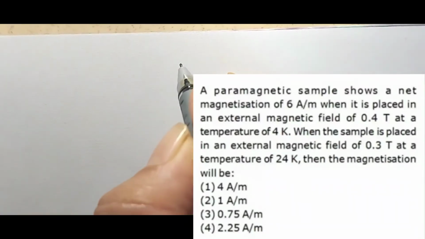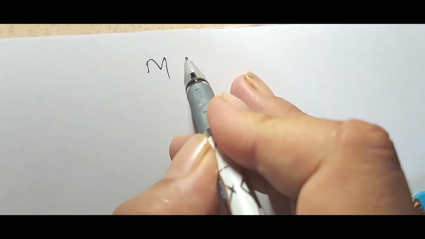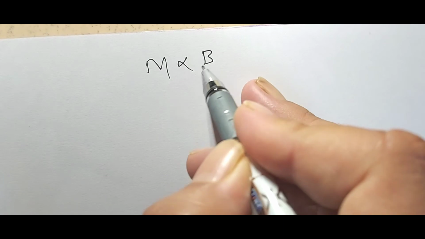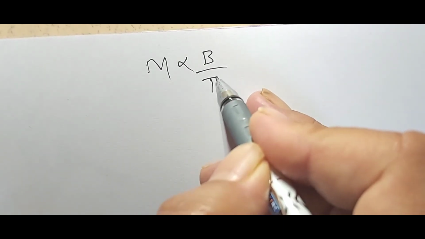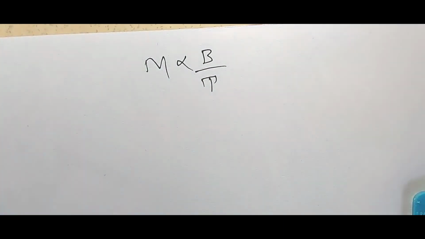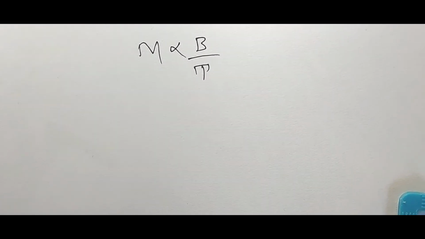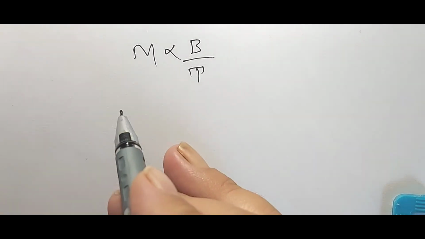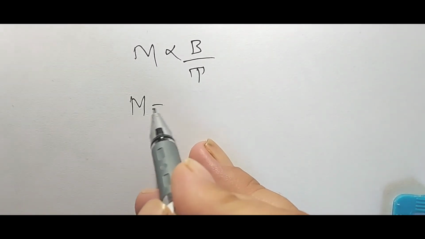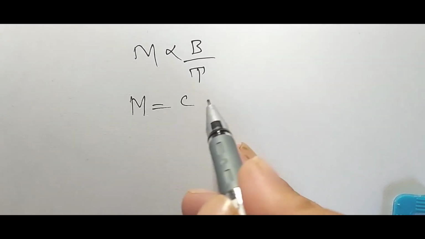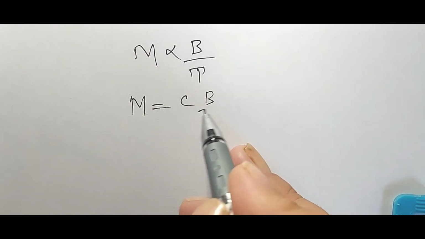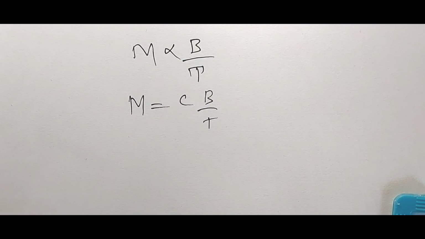We know that magnetization of a material is directly proportional to magnetic field, inversely proportional to temperature. So here M is equal to, by removing proportional we put a constant, C into B by T. This constant C is called Curie constant.